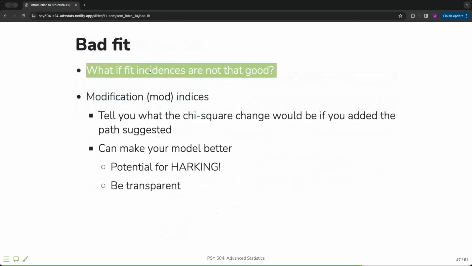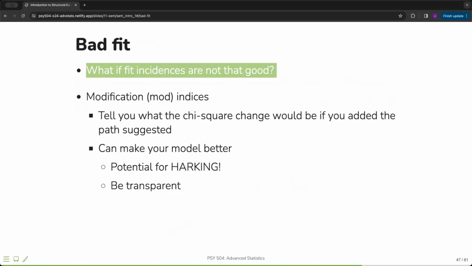All right, so our model fits the data pretty well, but there could be cases where the actual fit is not that good, right? So the fit is not satisfactory. So what can we do about that? So there's these things called modification indices or mod indices. And essentially there's unmodeled things that we didn't explicitly model in our model, right?